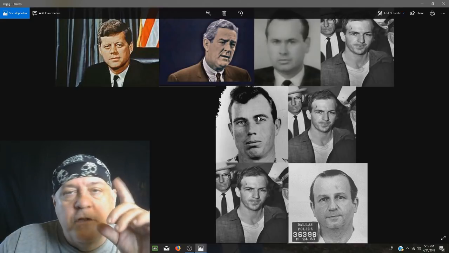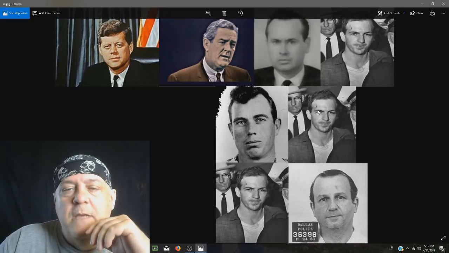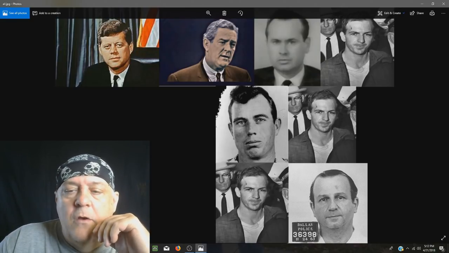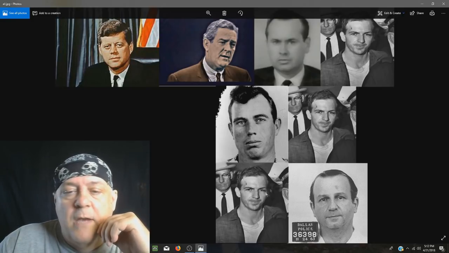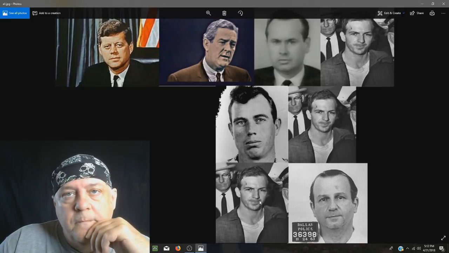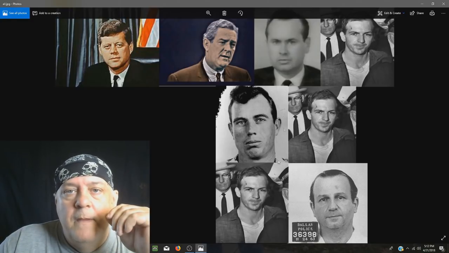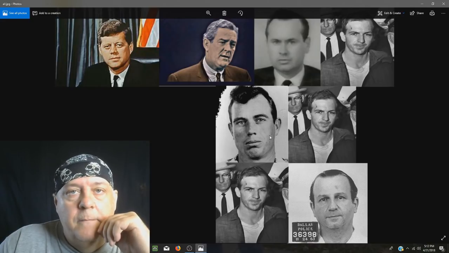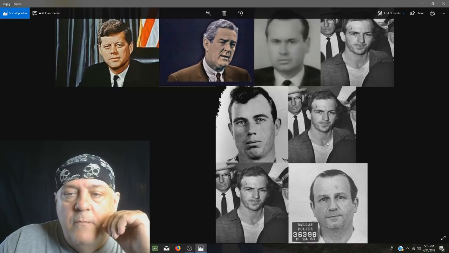The only reason Officer Tippit was brought into the JFK assassination mix is because Oswald shot him. And the only reason Jack Ruby was brought into the JFK assassination case is because Jack Ruby shot Oswald. If these two incidents didn't happen, we would never hear anything about Jack Ruby or Officer Tippit. But there are three different murder cases.